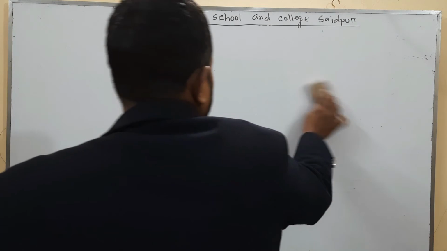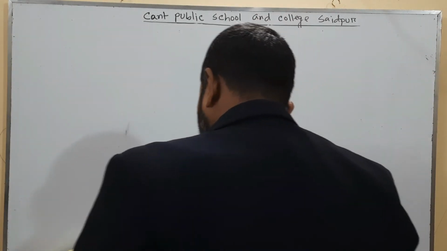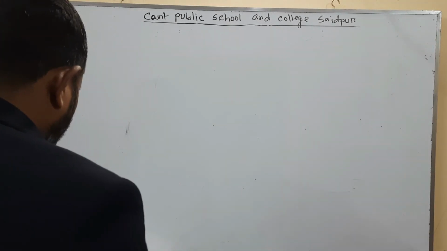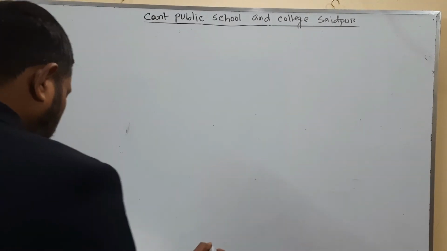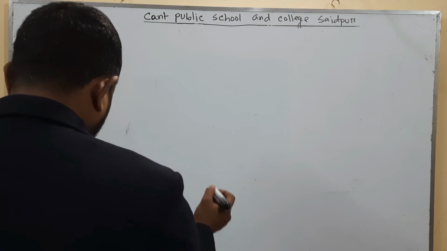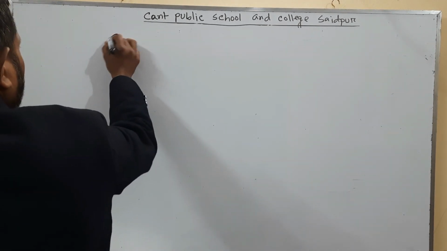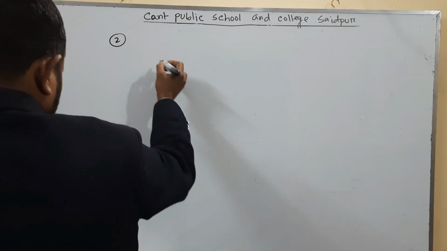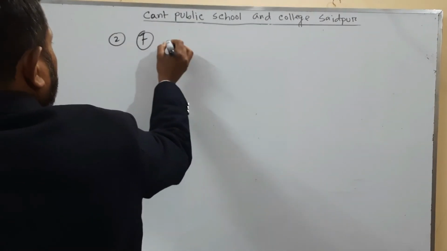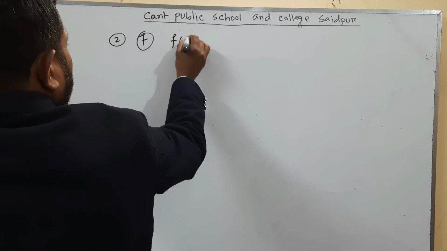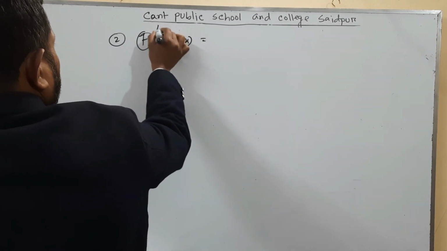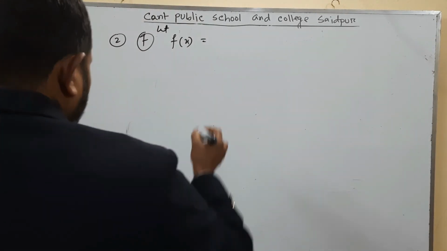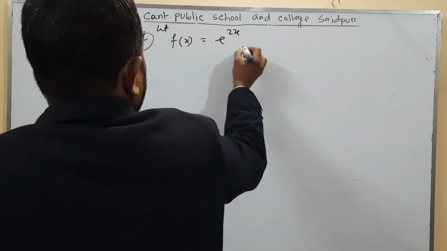Use first principle. I will find the derivative of another one here. Two: let f of x is equal to e to the power 2x.